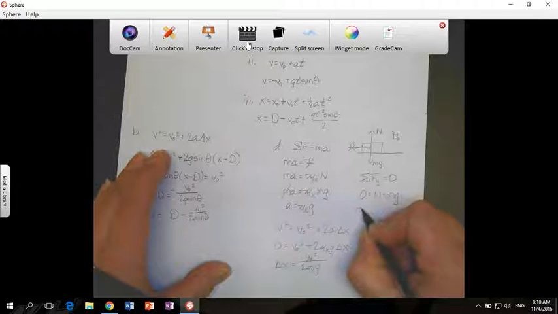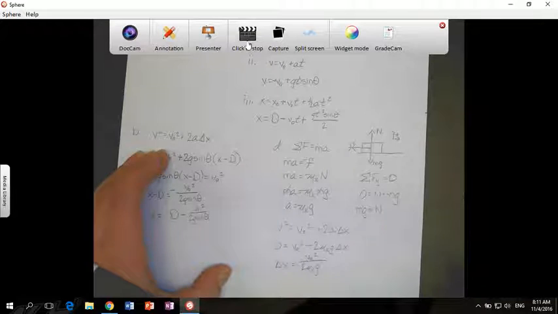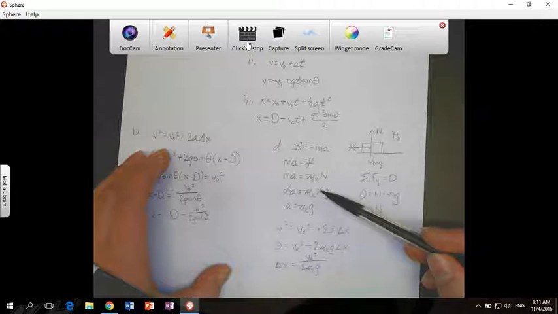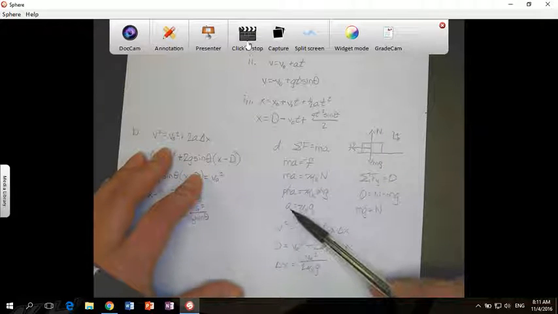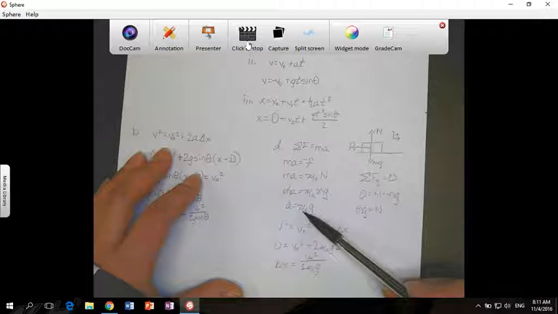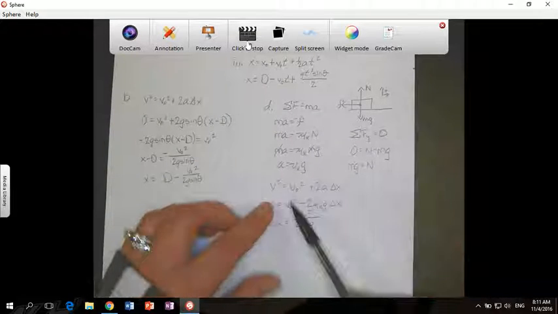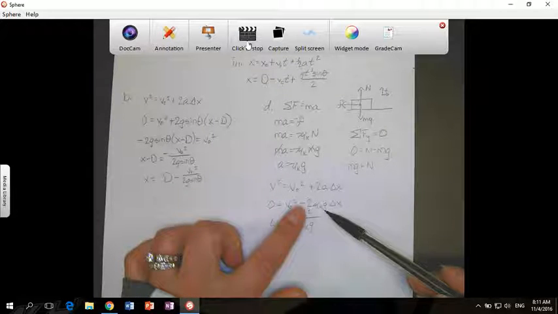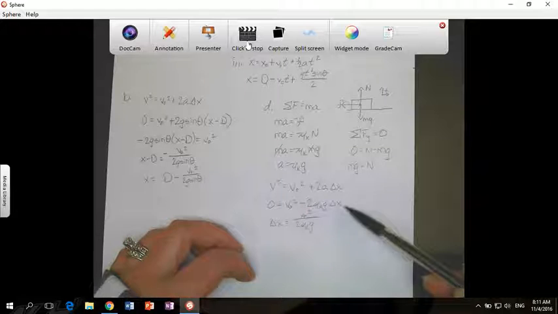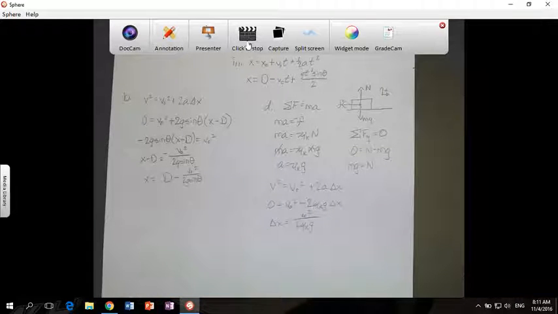Therefore, mg is equal to my normal force in magnitude. So I can substitute that in. My masses cancel out. And then I have my acceleration, which is a fraction of gravity. So now I'm going to plug into this equation again using my new acceleration, and then I can find the change in x, so how far the block travels after it gets off the ramp.